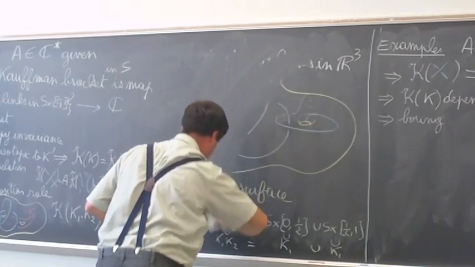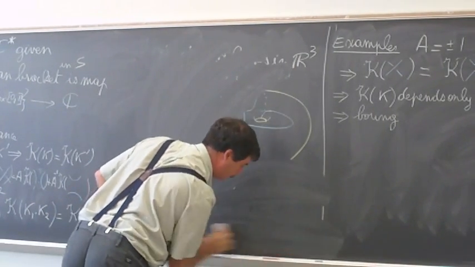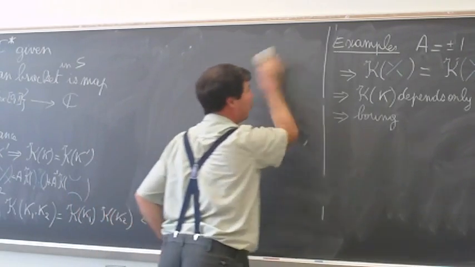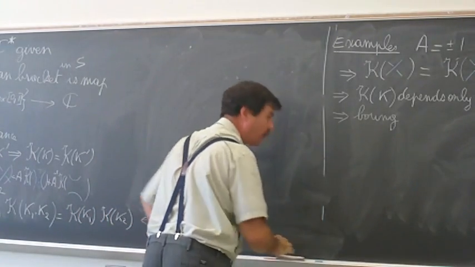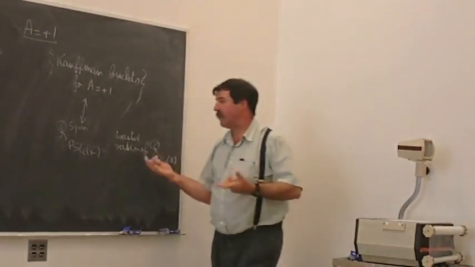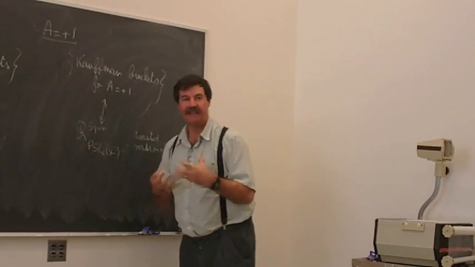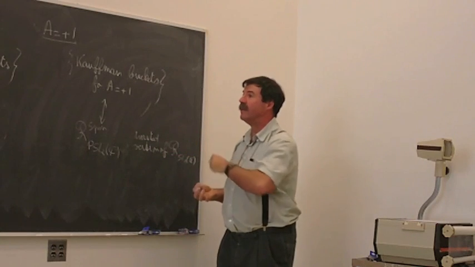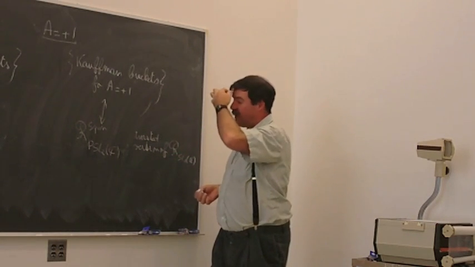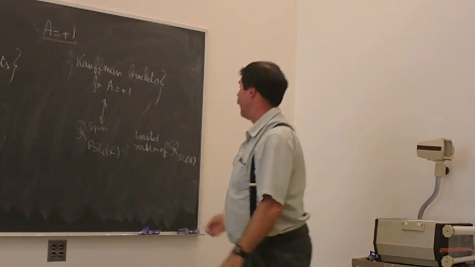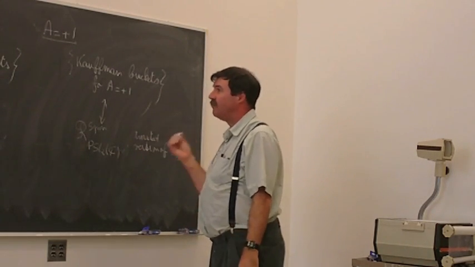Okay, so the upshot of this is that when A is equal to plus or minus 1, this is well understood, or at least it's a very concrete object, because it's these character varieties here, and we now have a bridge between my strange generalization of the Kauffman bracket and these character varieties, which are important.